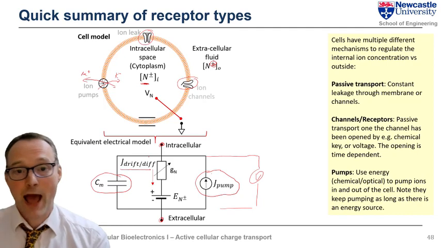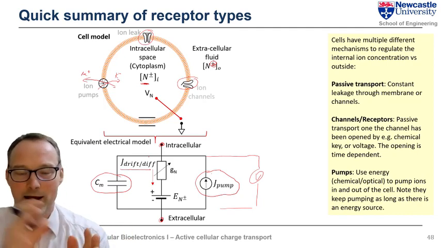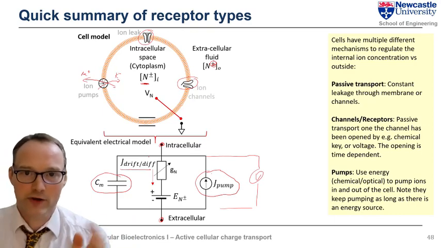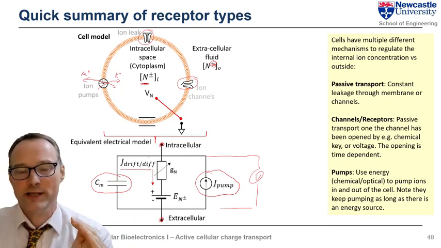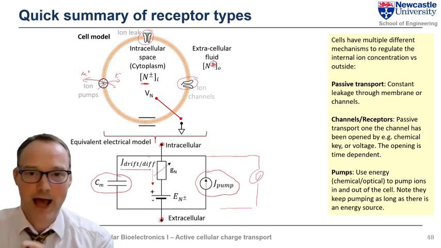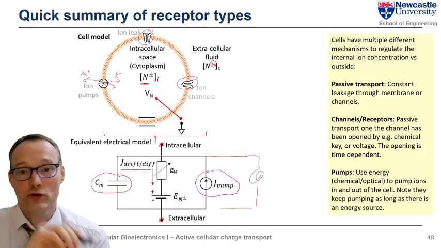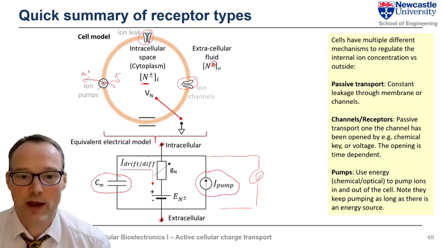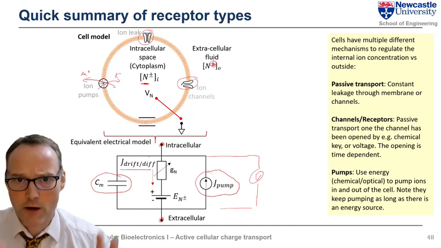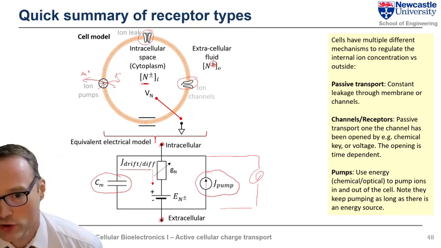So depending on the pumps, there's a difference in concentration between the outside and the inside. There is some leakage. For example, if it's sodium, the sodium leaks back in. This is a diffusion process, but there's also a drift process in the opposite direction. But that combined process, we can treat as a conductance.